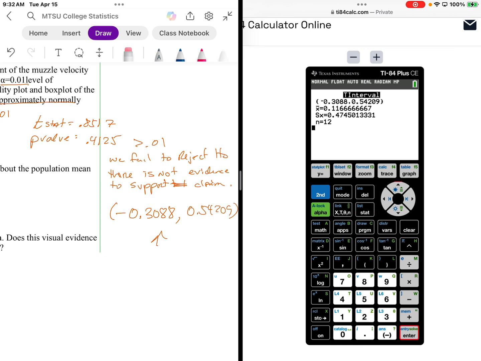So yes, 0 is in the interval. So we fail to reject. There is not convincing evidence.